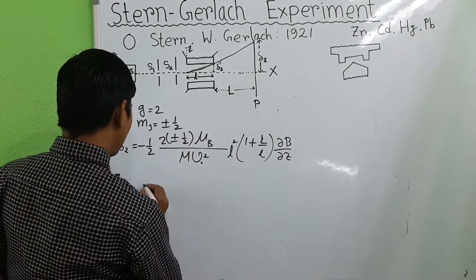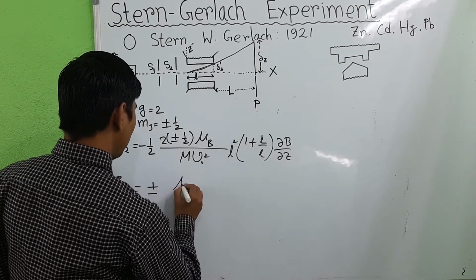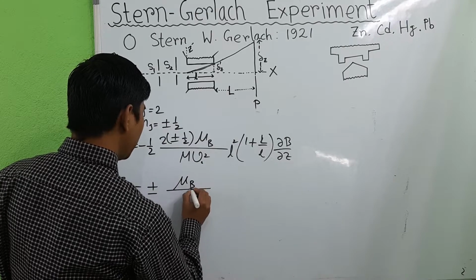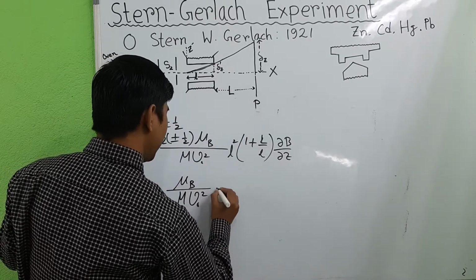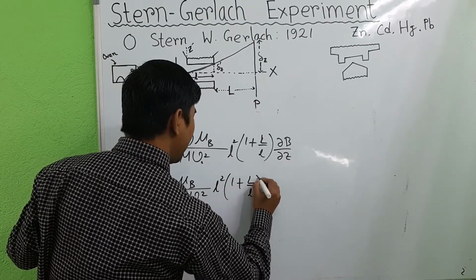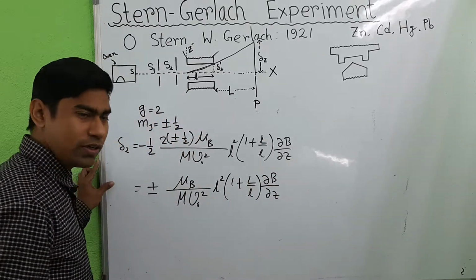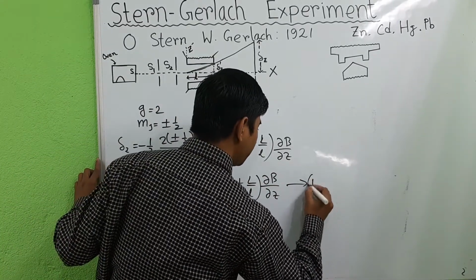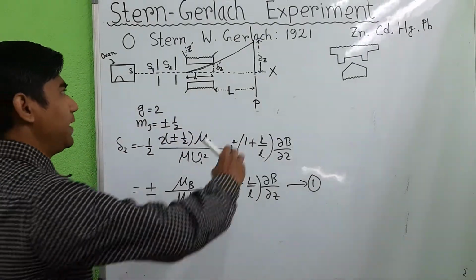So this equals plus minus mu B by m V0 squared into L squared 1 plus L by L into dB/dZ. Suppose this is equation 1.